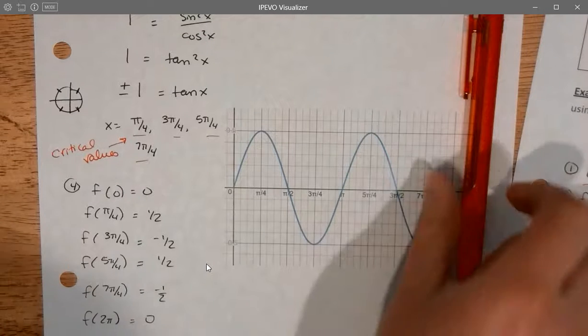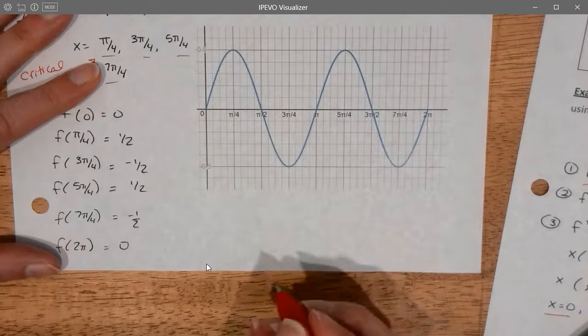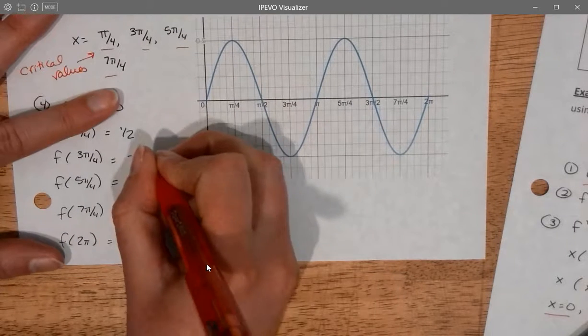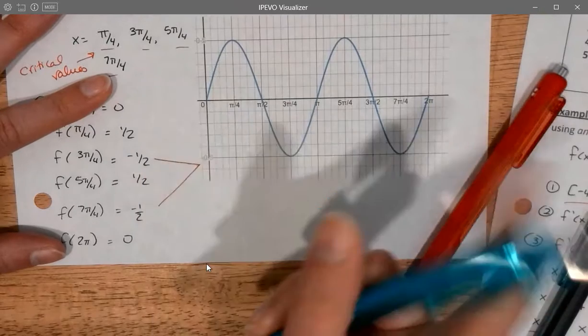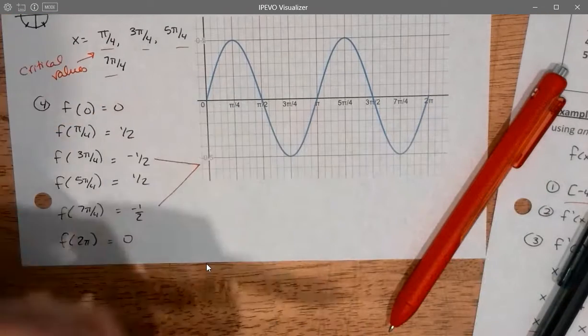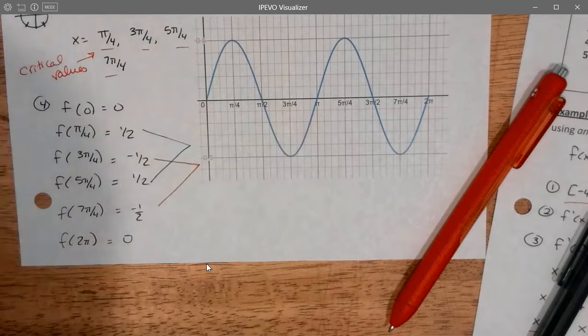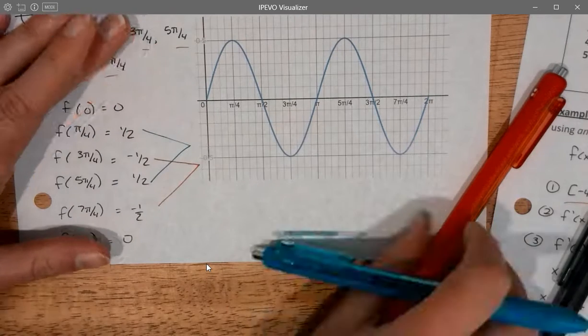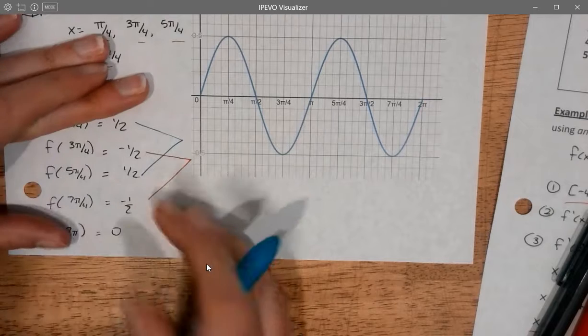All right, so when I'm looking for absolute extrema, we're looking for the biggest and the smallest. So our 2 negatives are the smallest, and our 2 positives are the largest. So we're going to have 2 of each. If their y values are equal, there's going to be more than one absolute extremum.